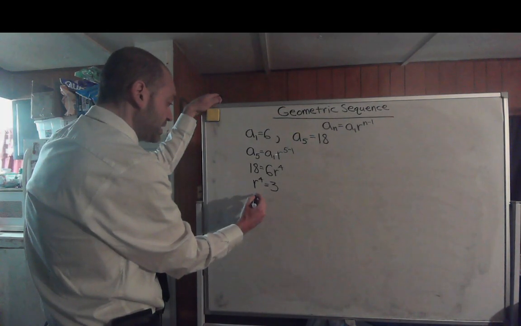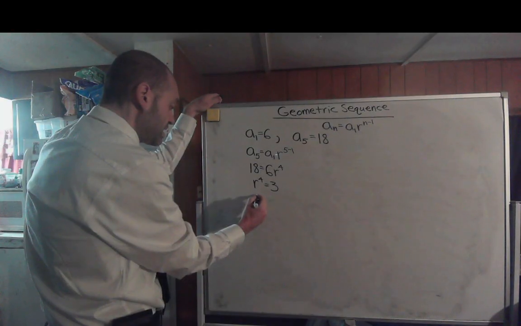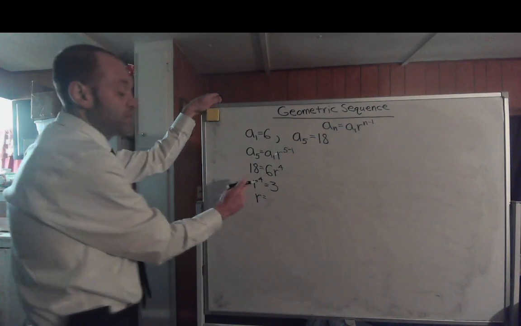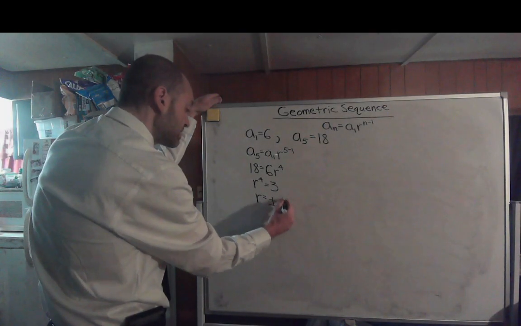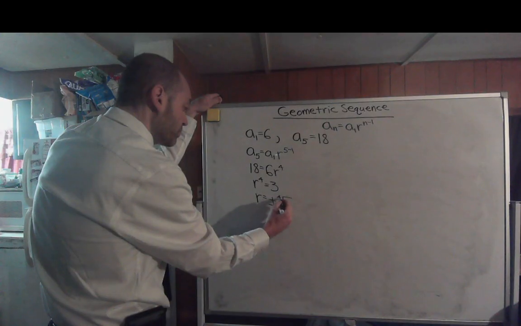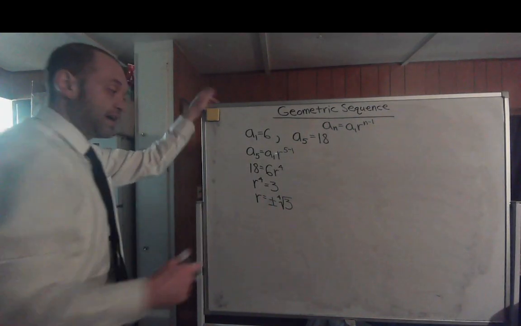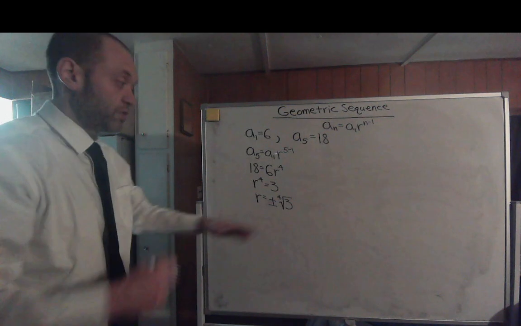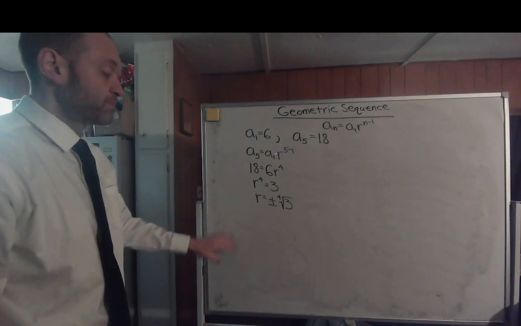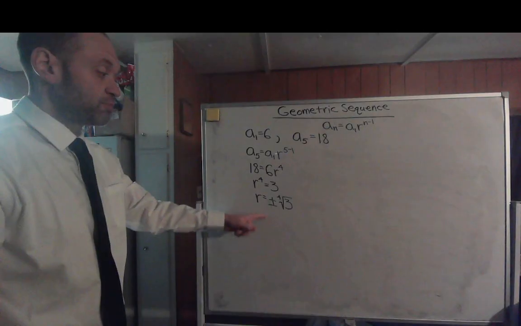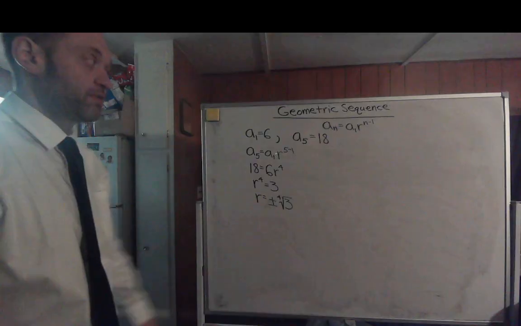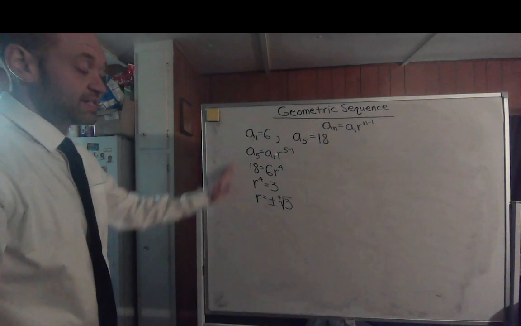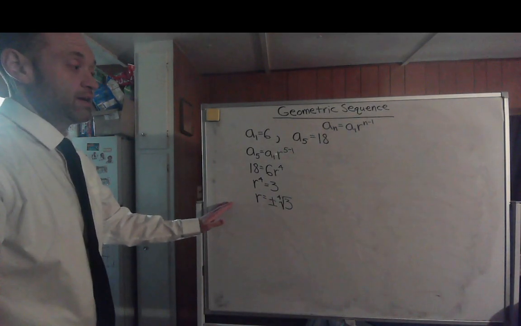That simply means that r, since we have an even root, is going to equal plus and minus the 4th root of 3. And you can have a common ratio of roots. That is possible. So you have two possible common ratios of positive and negative the 4th root of 3. And some of these sequences are not pretty.